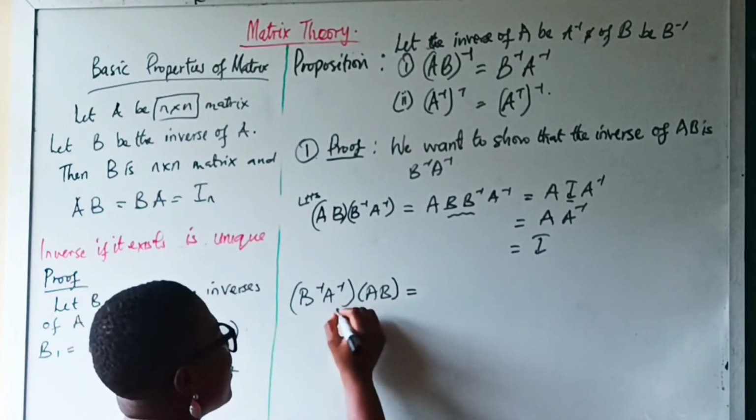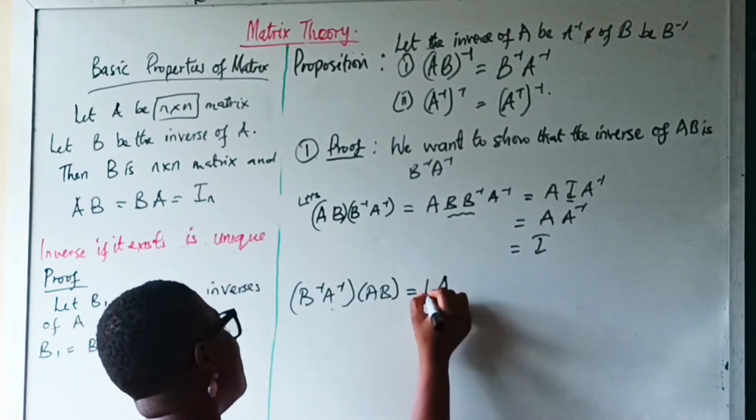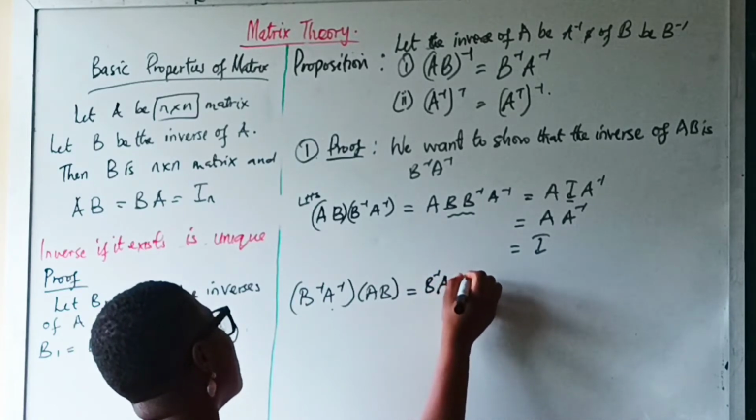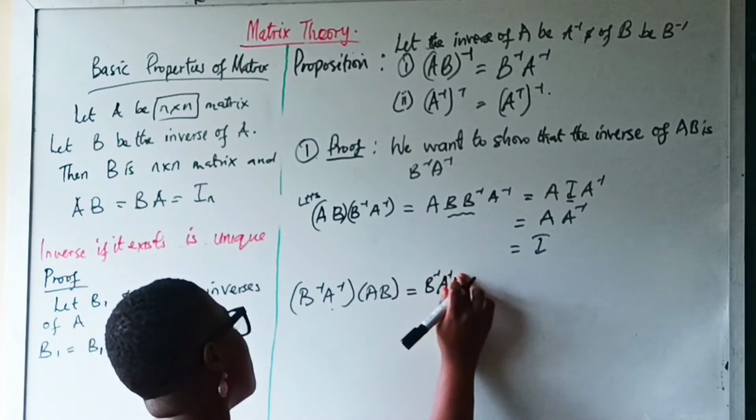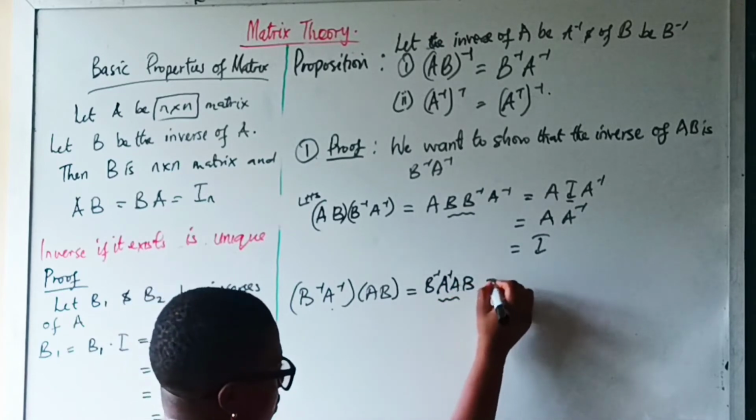So I remove the brackets again. I have B inverse A inverse A B. Then collect these two together.